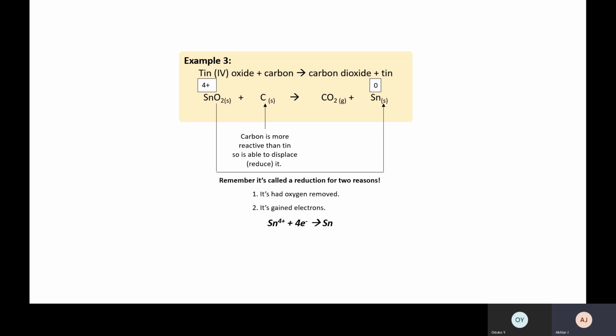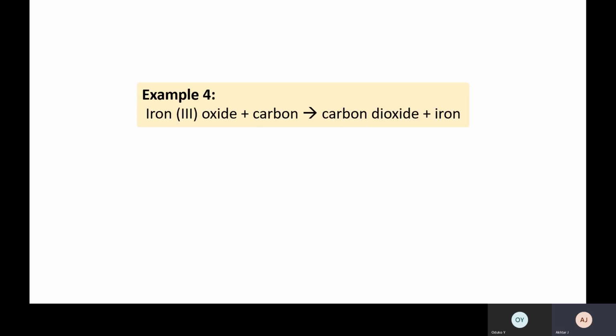So that's why my formula is SnO2. We can see oxygen's been removed. If the charge of our tin is +4, it has to gain 4 electrons to lose that charge. Excellent.